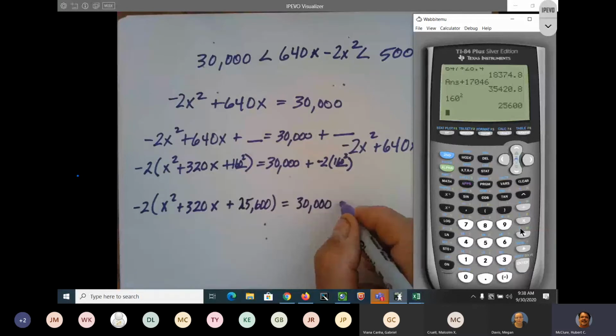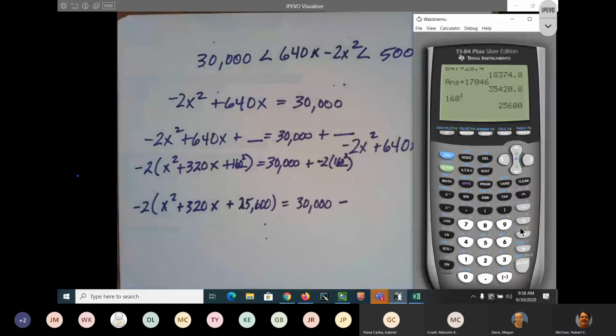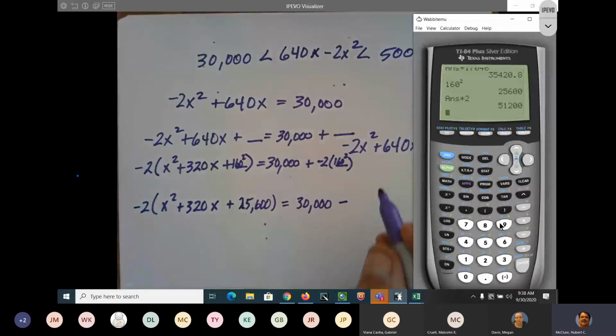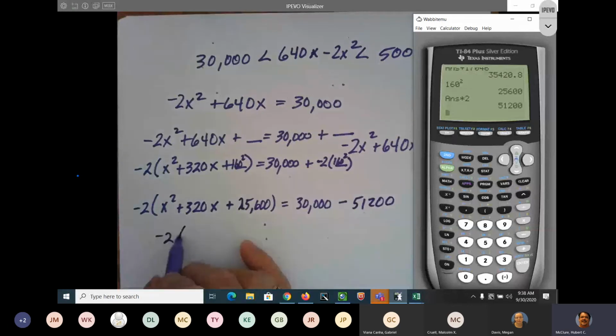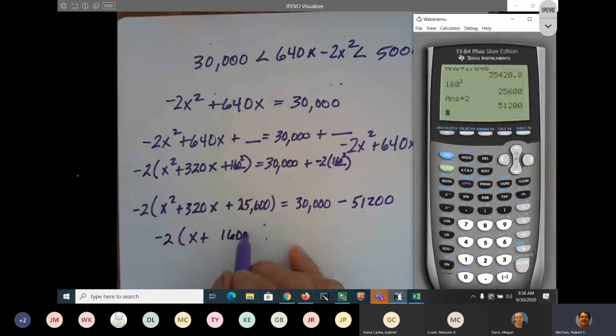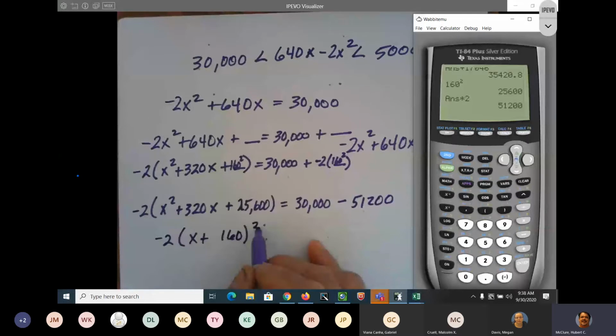So that's going to be minus 160 multiplied by 2, which is 51,200. Y'all check my math on that. And that's going to give you negative 2 times x plus 160 quantity squared equals negative 30,000 minus the second answer.